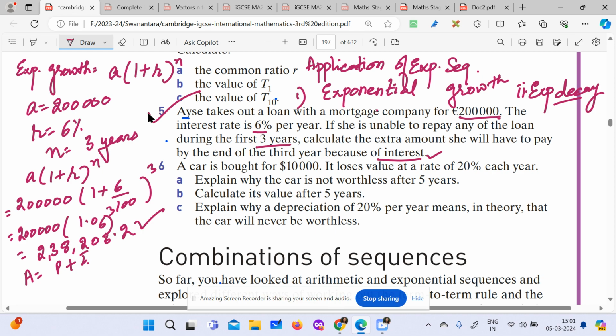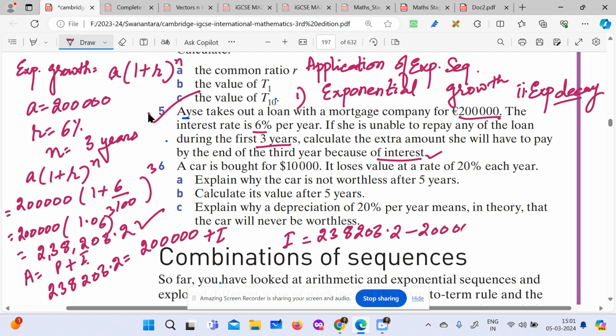Your question is about interest, so 238,203.2 is equal to 200,000 plus I. So your I will be 238,203.2 minus 200,000, and that will give you 38,203.2. Is this clear to you? Yes.